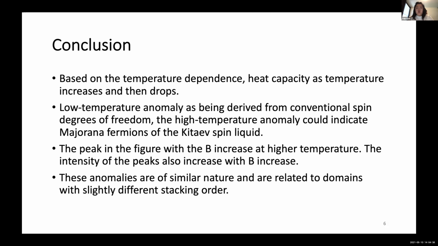And the peak in the figure moves with the B increase at higher temperature. The intensity of the peaks also increased with the spin B increased. These are caused by the anomalies that are of similar nature and are related to the domains with slightly different stacking order. And that's all for my presentation.